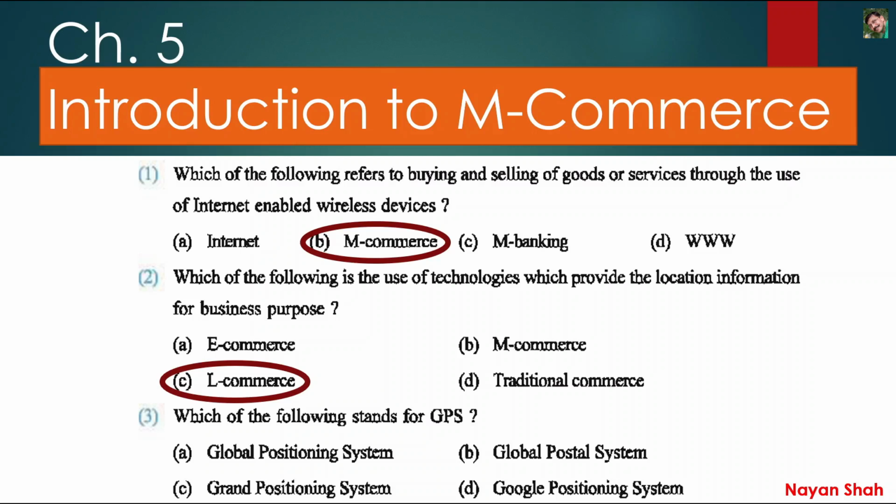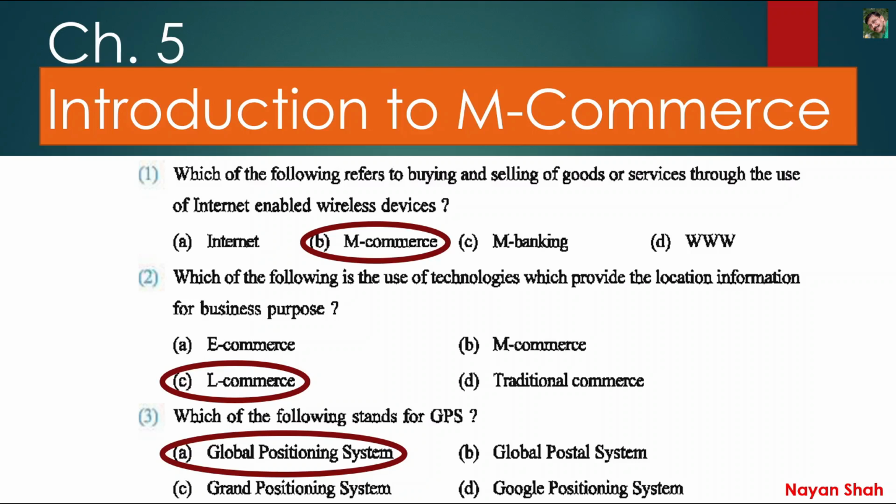Question number 3. What is the full form of GPS? The full form of GPS is Global Positioning System, where using different satellites our mobile location is calculated.